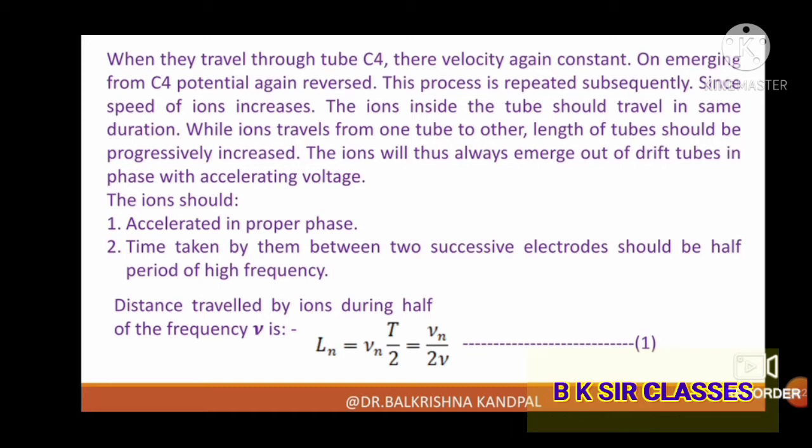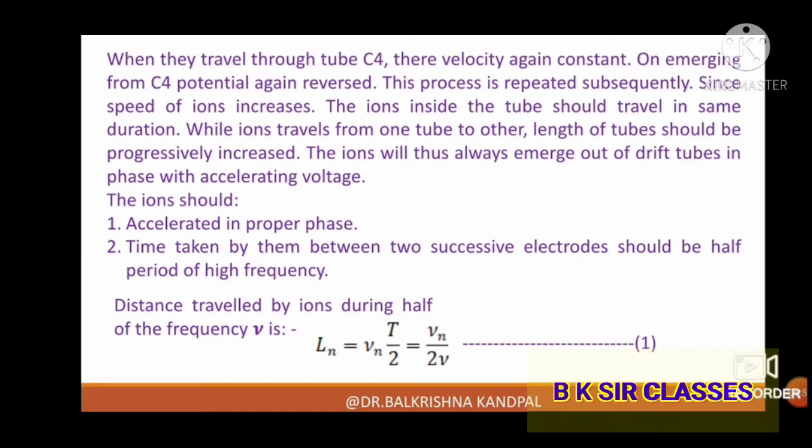This equation shows ln is equal to vn t divided by 2. Here t is the time period, and that can be converted into a frequency, so this equation becomes vn divided by 2v.